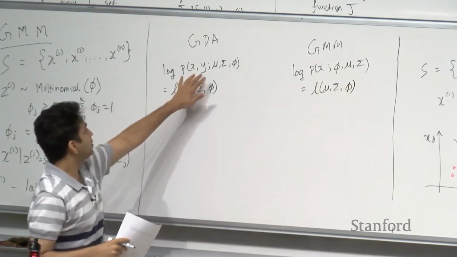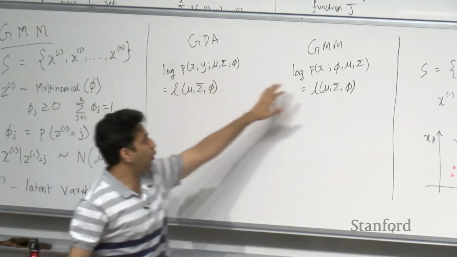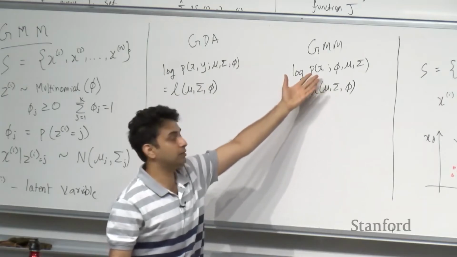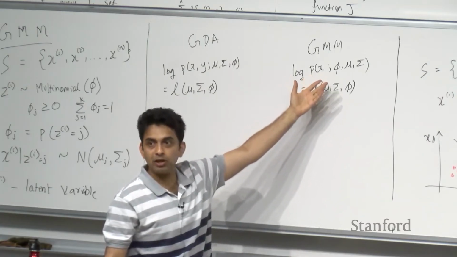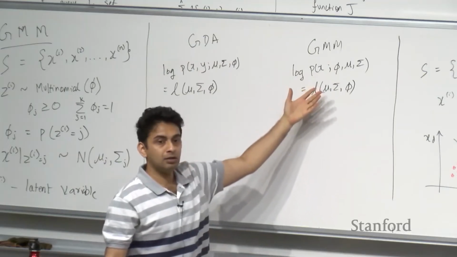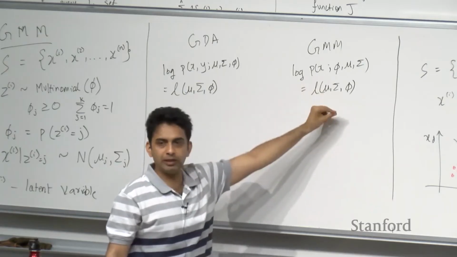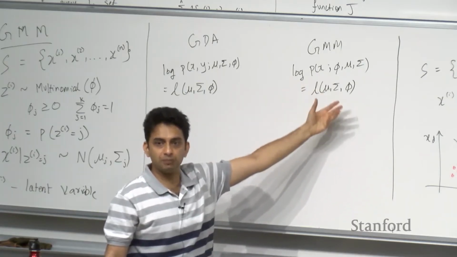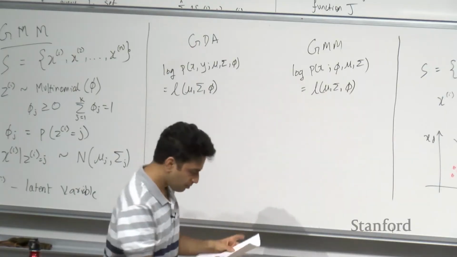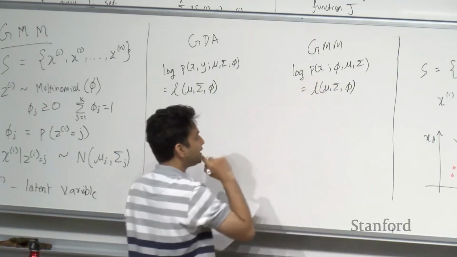Over here, the objective was the full joint distribution. Over here, we would have liked to do the same, but we haven't observed the corresponding y's, which we call z's here. Right? They're not observed, so we cannot construct a likelihood function because we won't know what value of z to plug into this expression. Right? If you had observed them, it was pretty straightforward. We would have been just doing GDA. And so instead, what we do is maximize log p of x, right?